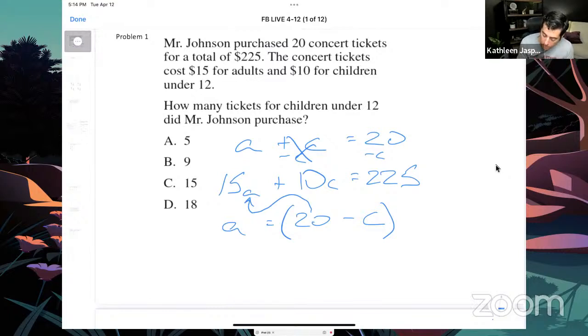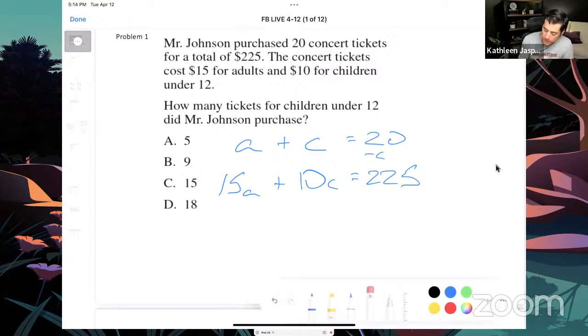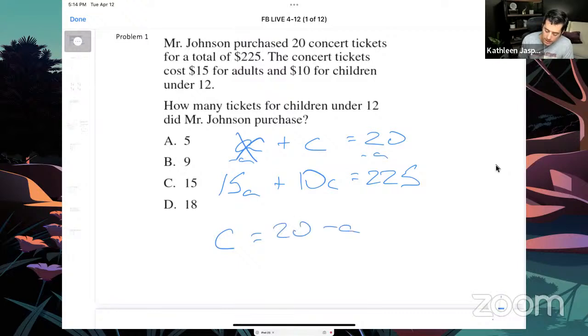A lot of people will do the opposite. So let me just erase this real quick. A lot of people will say, oh, I got to find out what C is. So if I'm doing substitution, let's get rid of the A and I'll get C is equal to 20 minus A. Well, what happens when I substitute this C? This quantity now goes into wherever C is.